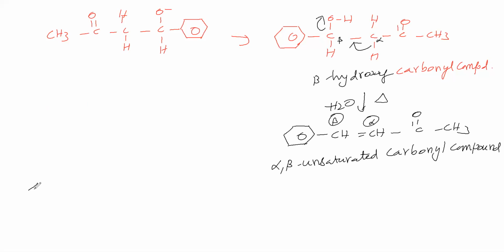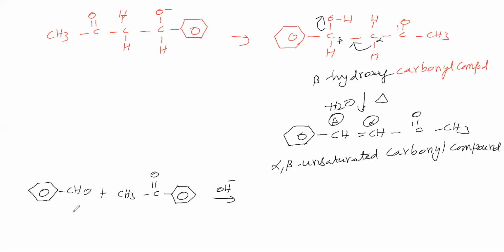We are taking benzaldehyde. Then we will take CH3, C double bond O, phenyl ring, in the presence of base OH minus. What happens in the reaction? This carbon has alpha hydrogen, so we will make it a carbanion.